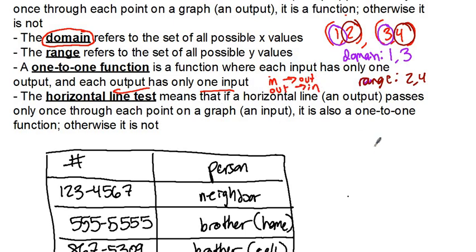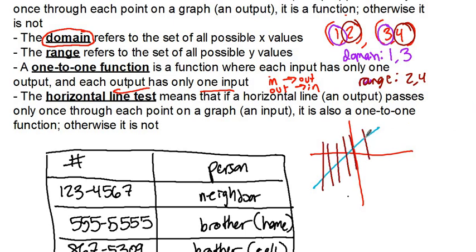And the test for that on a graph is what's called a horizontal line test. So simple example, let's suppose this is our graph right here. This passes the vertical line test because I can draw a bunch of vertical lines and they're never hitting more than once. So that's considered a function. Okay. It's also a one-to-one function because each horizontal line only hits once. We'll see in just a sec some examples of things that are not like that.